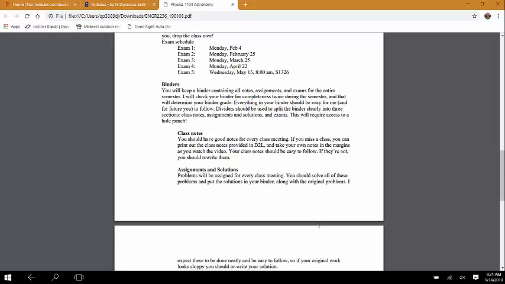This is most likely going to be your main resource when you come back to it. So it needs to have all your notes, all your assignments, all your work, the posted solutions to any of these assignments, and it has to have your quizzes and exams, just so you have it all there in a readable format.